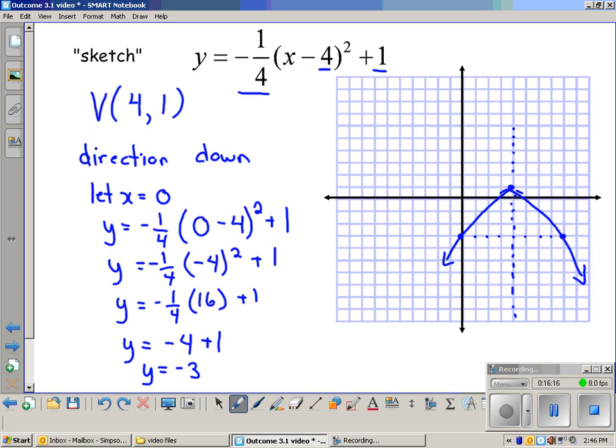That similar point would have the coordinates of 8 and negative 3. The equation of the axis of symmetry will be x equals positive 4 because it goes through our x value at positive 4.